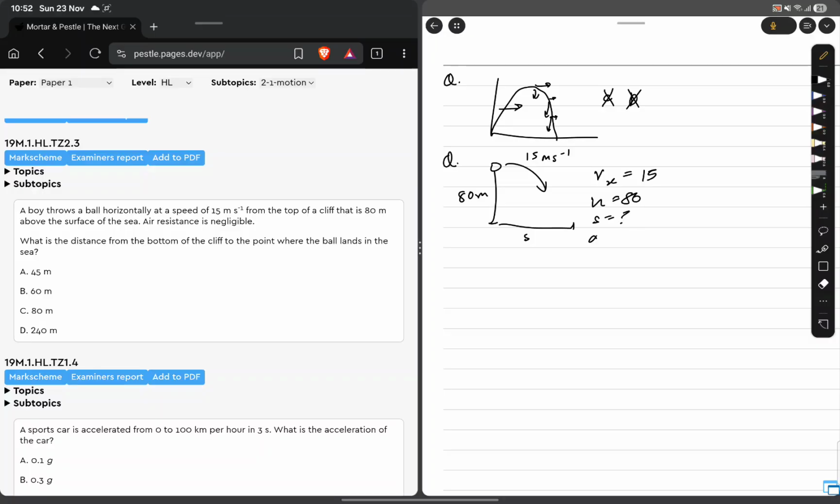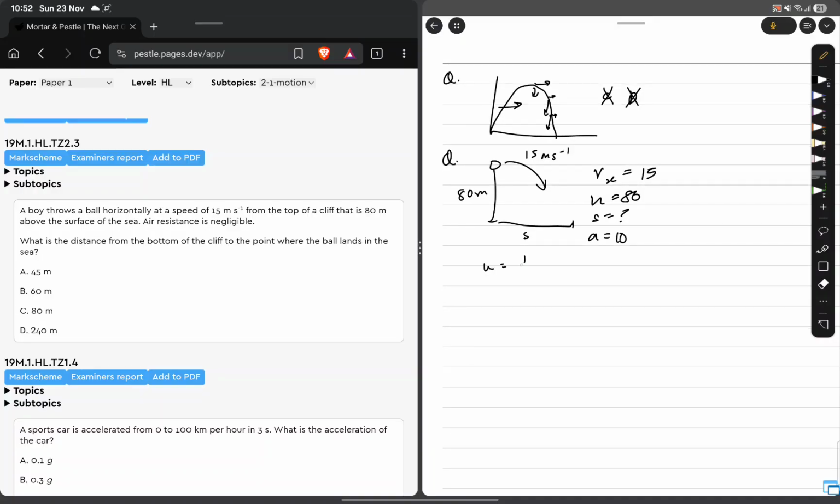And acceleration is 10. So we're going to use the free fall equation, s equals half g t squared. Acceleration is gravity, so it's going to be half 10 t squared, which means 80, and t is going to be 4 seconds, simplifying that.